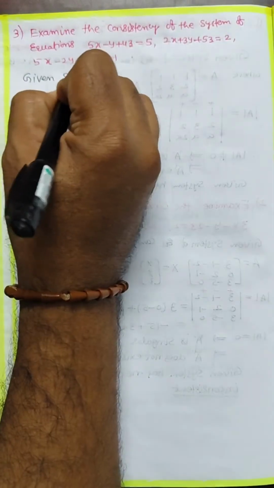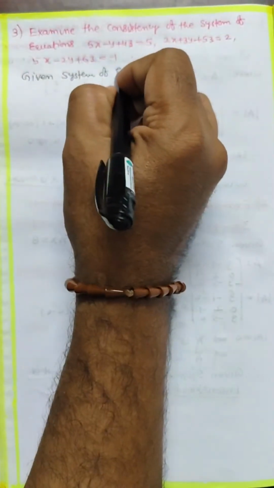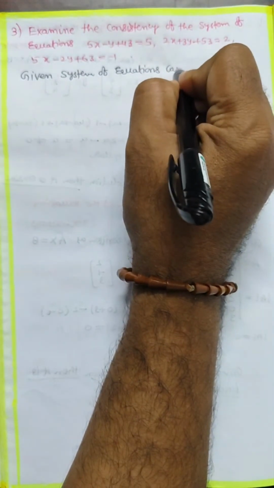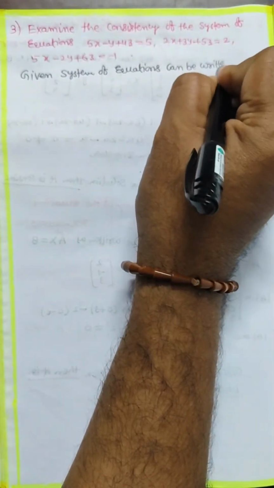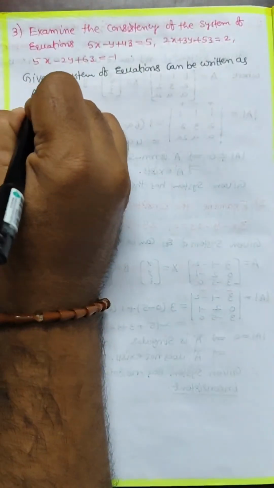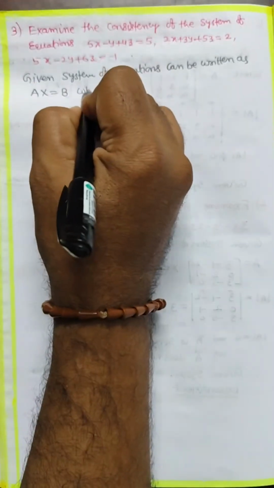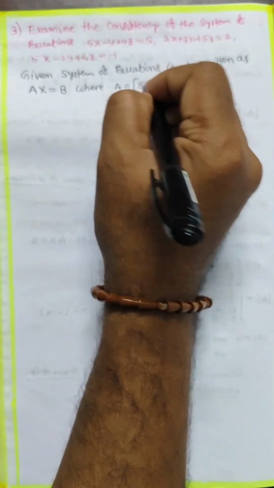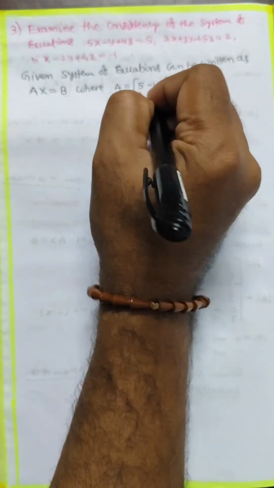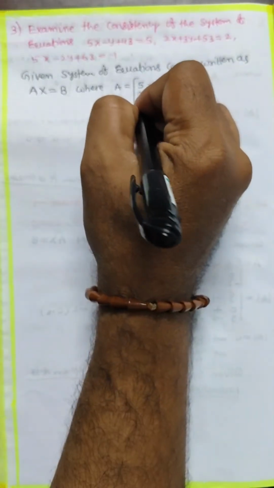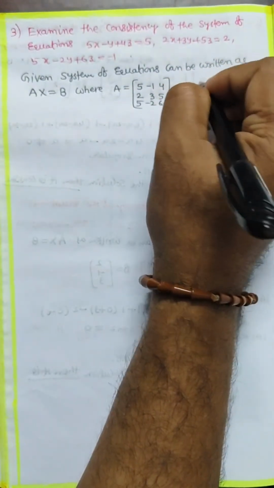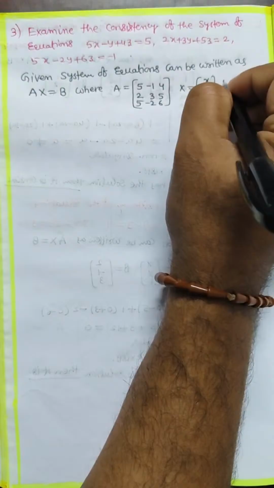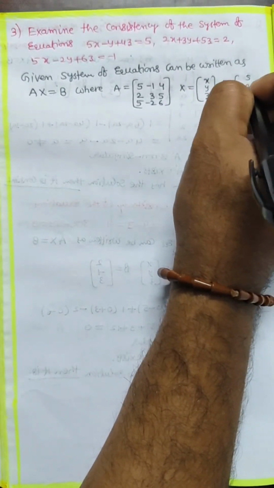The given system of equations can be written as AX = B, where A equals 5, minus 1, 4, 2, 3, 5, 5, minus 2, 6, X equals the solution set x, y, z, and constant matrix B equals 5, 2, minus 1.